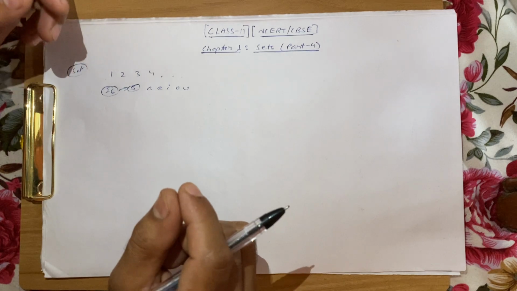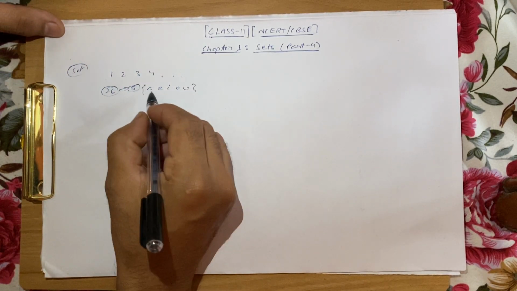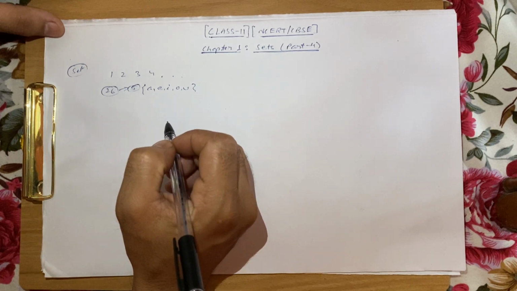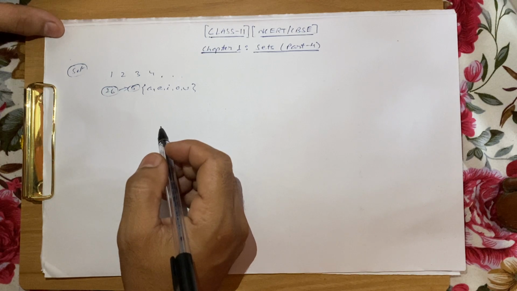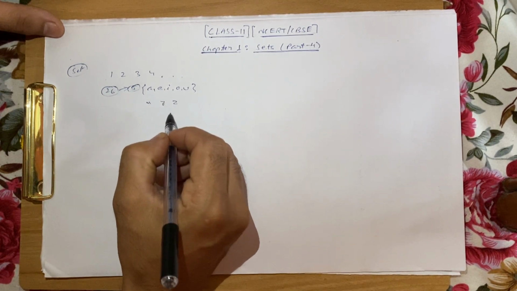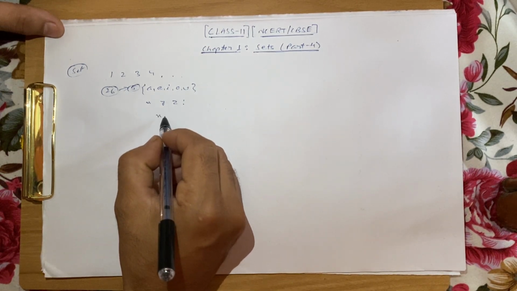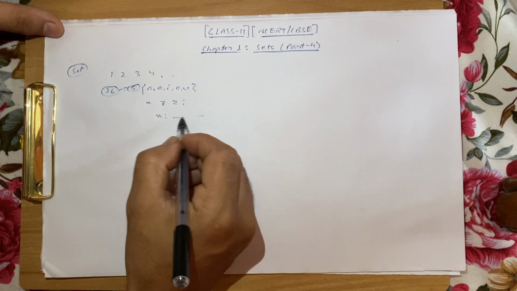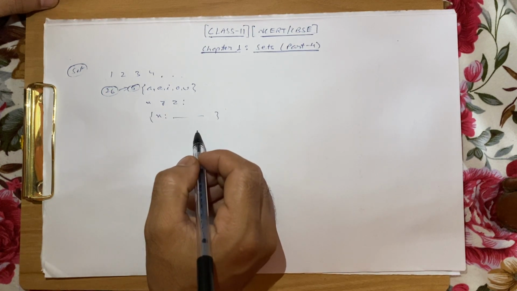Like we list them out in the roster form, in which we put curly brackets and separate each element by a comma, right? And we also make use of the set builder form, in which we assume each element to be x or y or z for some time, and then we put a colon, and then we write the common nature of each x, and then we enclose it within the curly brackets.